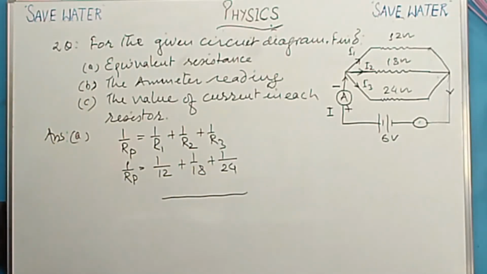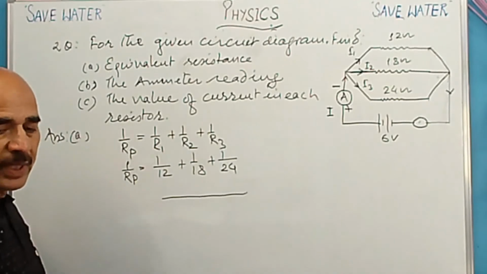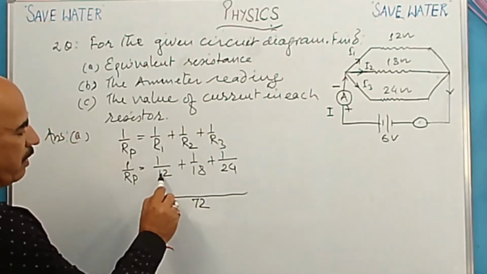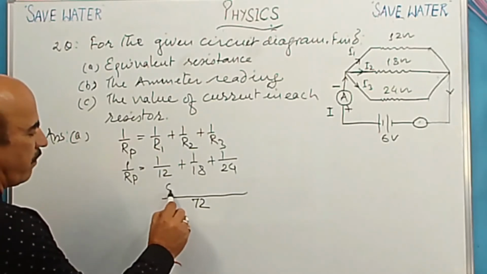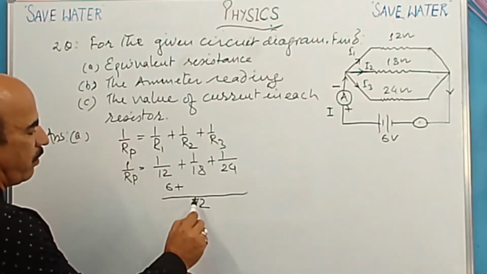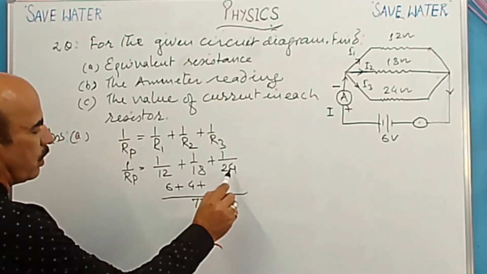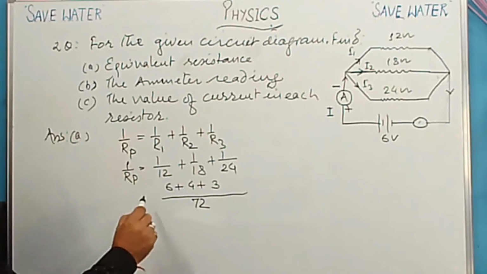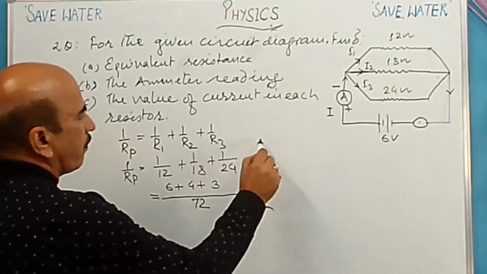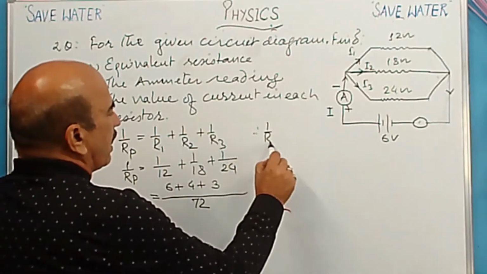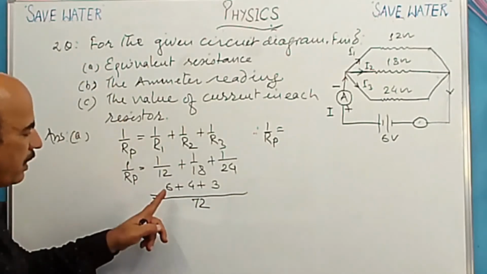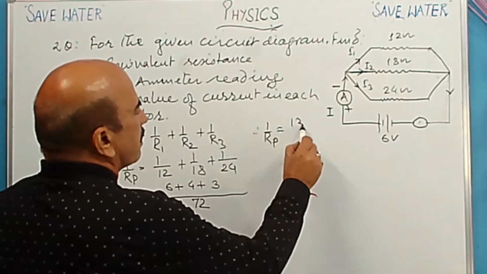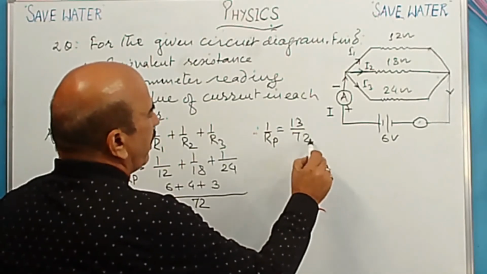Yes, quickly find out. So what is the LCM here? Yes, the LCM is 72. So it will be 12 6 6 plus 18 4 plus 24 3. Okay, तो ये आ गया हमारा. देखिए, now therefore 1 upon RP is equal to 6 plus 4 is 10, plus 3 is 13. So it is 13 upon 72.